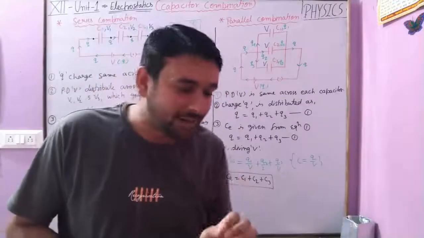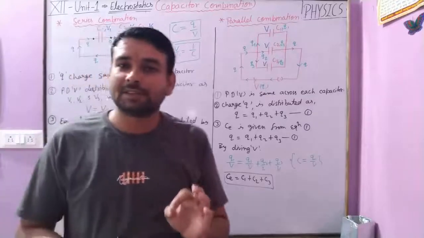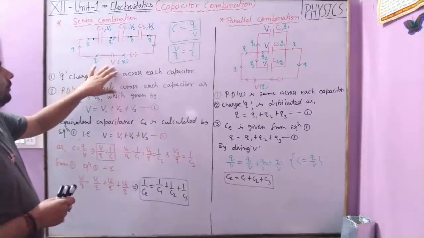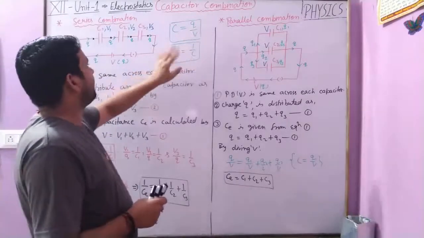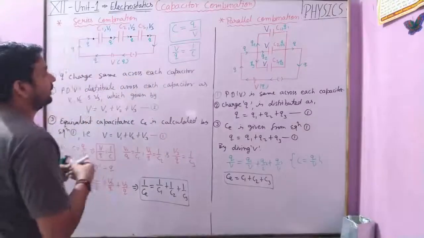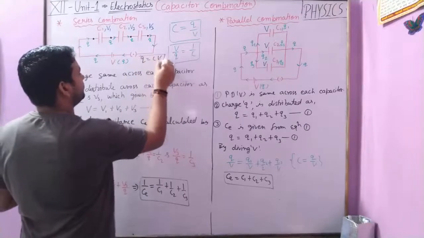Now, the second way to identify series and parallel combination is, as we have a battery of V volt, and you know that a V volt battery having charge Q is given by Q is equal to CV.